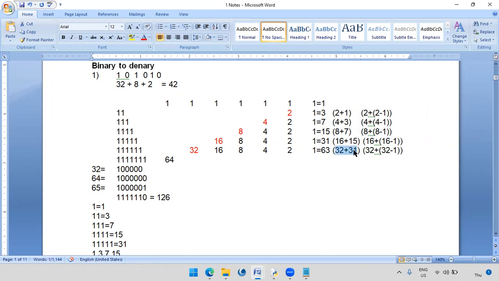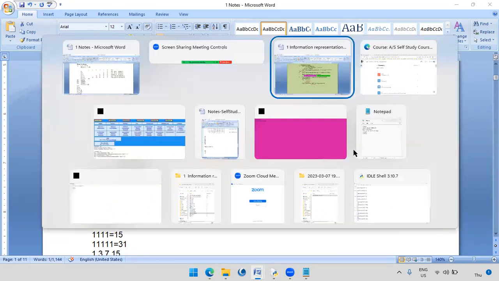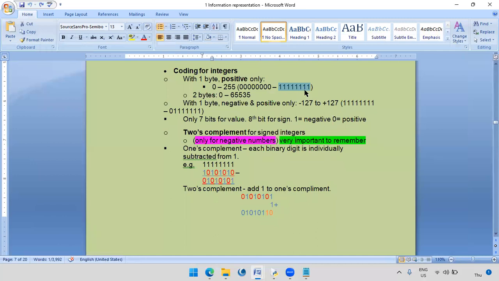So then we want to know the value of this. How do you do it? Just count 1, 2, 4, 8, 16, 32, 64, 128. 128 plus how much? 1 less than 128, that's 127. So 128 plus 127 is 255.